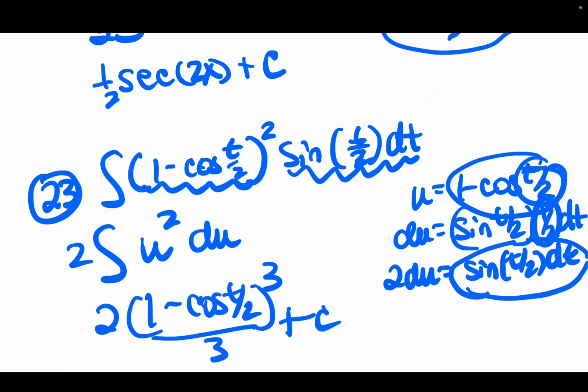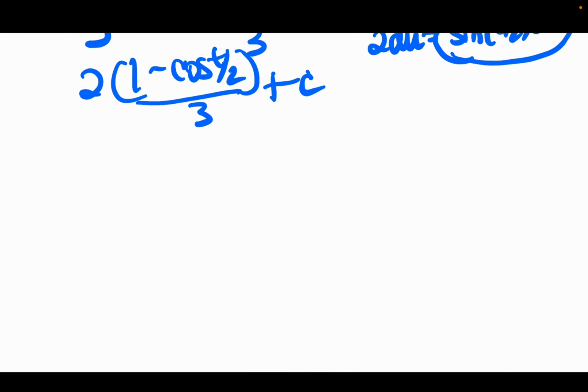All right, now let's go back to 21. On 21, I have the integral of dx over x squared plus 9.